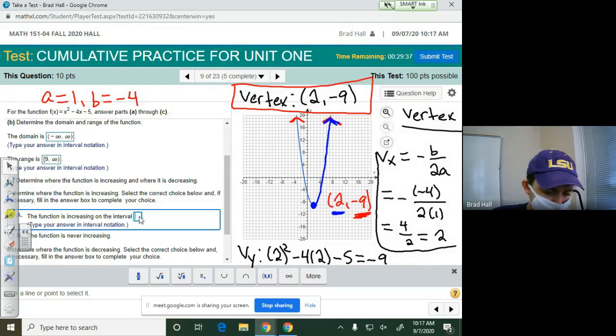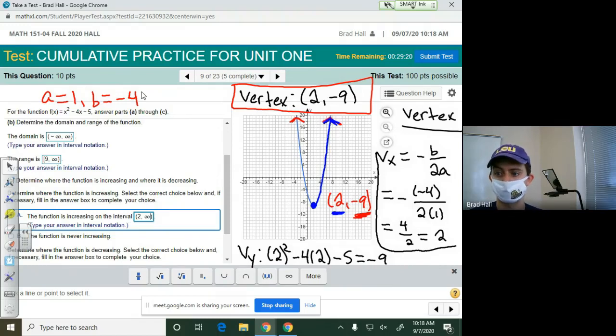So we never use brackets, so we're always going to use parentheses. So I can just set that up right now. 2 is where we start increasing. And we increase infinitely. This goes to the right forever.